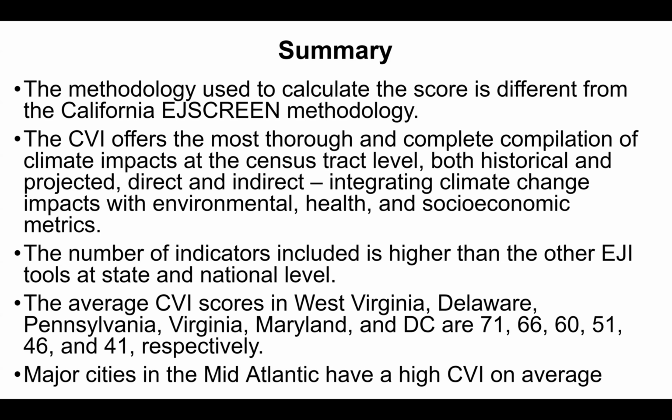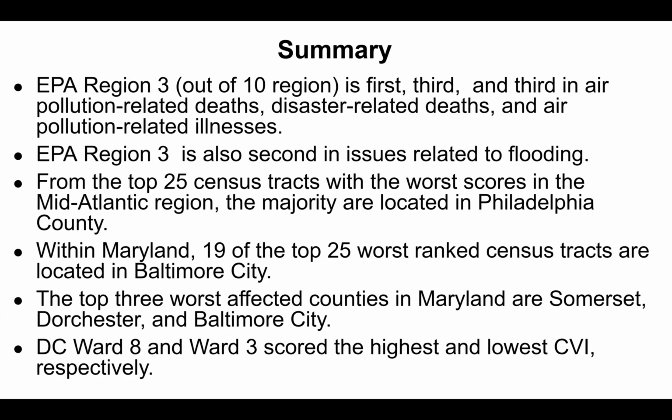Major cities in our region have high scores. EPA Region 3, out of 10 regions, is first, third, and again third in air pollution related diseases, disaster related diseases, and air pollution related illness. EPA Region 3 is also second in issues related to flooding.